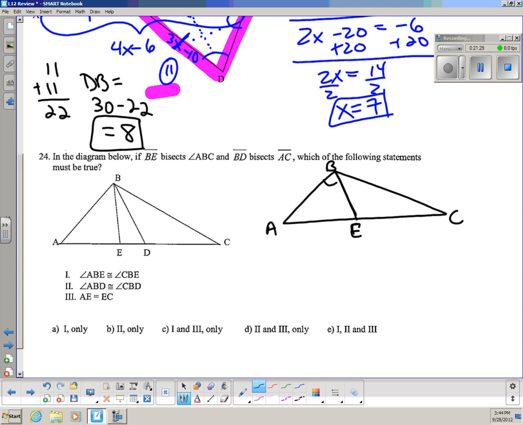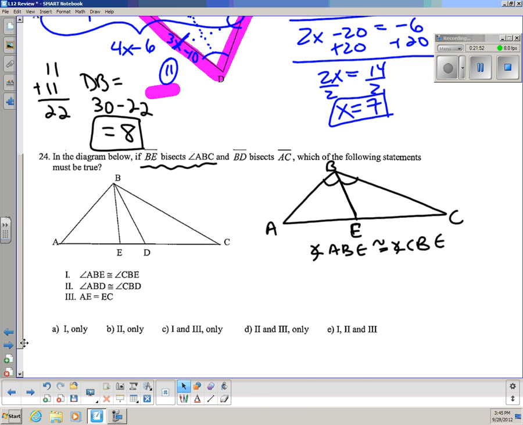So I can say angle ABE is equal to angle EBC. So from there, I can say angle ABE is congruent to angle CBE. That's all coming from this part. And I drew it separately because sometimes when you have that extra line segment that we're going to talk about in a minute, it can be confusing.